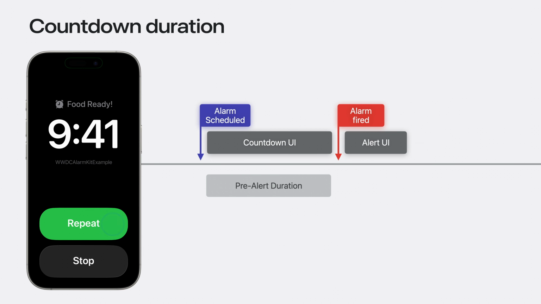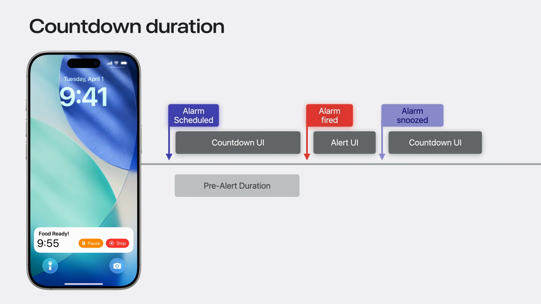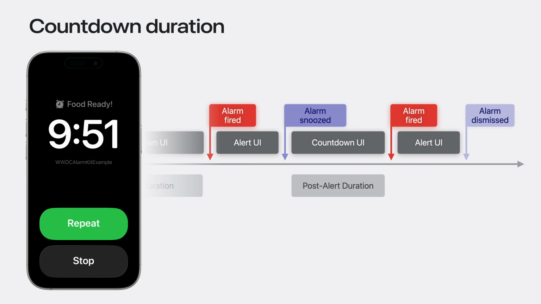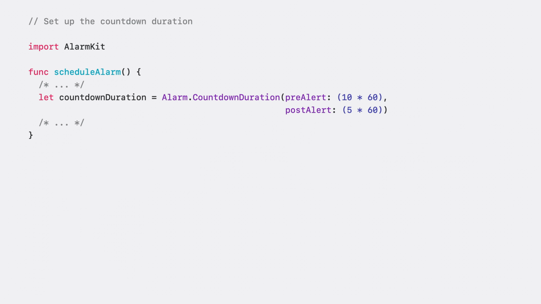If the alarm is snoozed, the countdown UI will appear again for the duration of the post-alert interval. Once this interval elapses, the alarm will fire again and can be snoozed or dismissed. In this example, I'm setting up a timer with a pre-alert duration of 10 minutes. Once it fires and is repeated, it will count down the 5-minute post-alert duration and fire again.